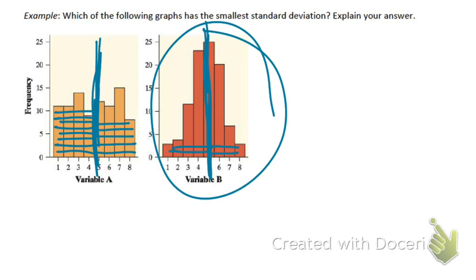That is a large distance that has to be averaged multiple times. It has to be included in the average multiple times. And so this has the smaller standard deviation because it doesn't have to go out as far as many times as this one does. Does that make sense?